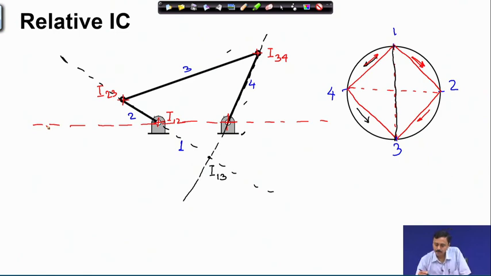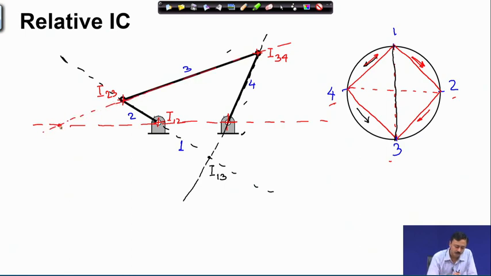Similarly, 2, 3, 4 are 3 rigid bodies in relative motion. So, the 3 relative ICs must lie on that line, of which I 2 3 and I 4 3 are known to me. So, therefore, I 2 4 must also lie on this line.